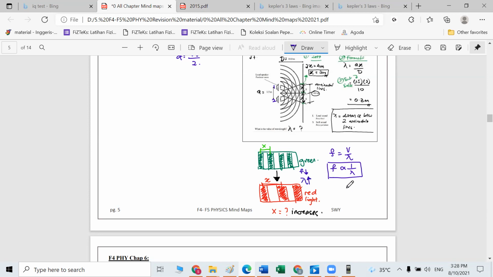So we say that lambda equals ax over D. Since lambda increases, x also will increase because from this formula lambda is directly proportional to x. So from green to red, lambda increases, x increases too.